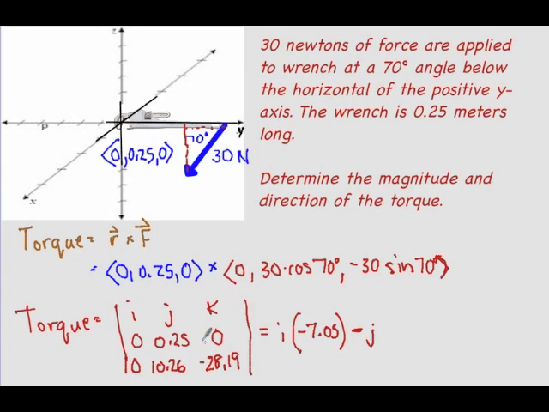I'm going to use this and this, 0 minus 0, so that's nice. Plus k. I'm going to look at k and use these two to find the determinant, 0 minus 0. So I'm finding that my torque is parallel to the negative x-axis.